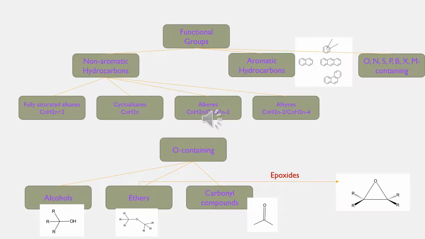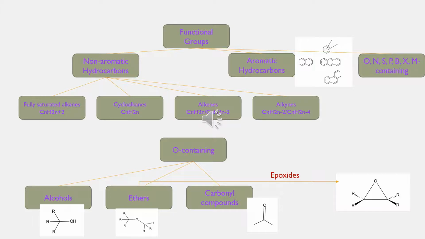You have your alcohols, which you see indicated in a general structure. That's an sp3 carbon bonded to a hydroxyl group. Again, R's are either hydrogens or alkyl groups in this system.